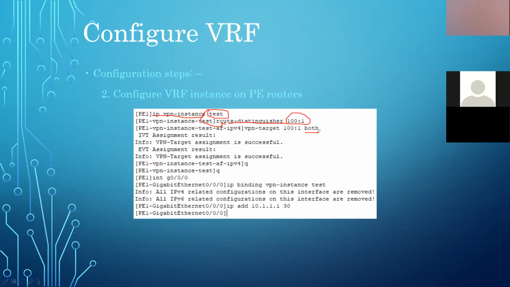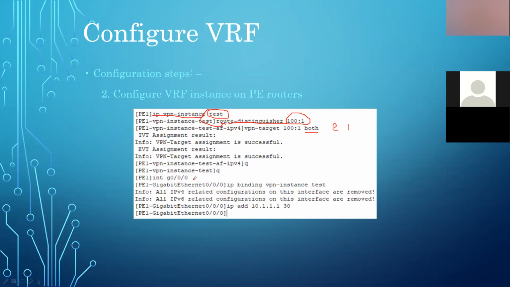When we say both, it means both export and import. When PE1 is the egress side, it will act like an export community. When PE1 is acting like an ingress router, it will be the import community. That is why we configure both.